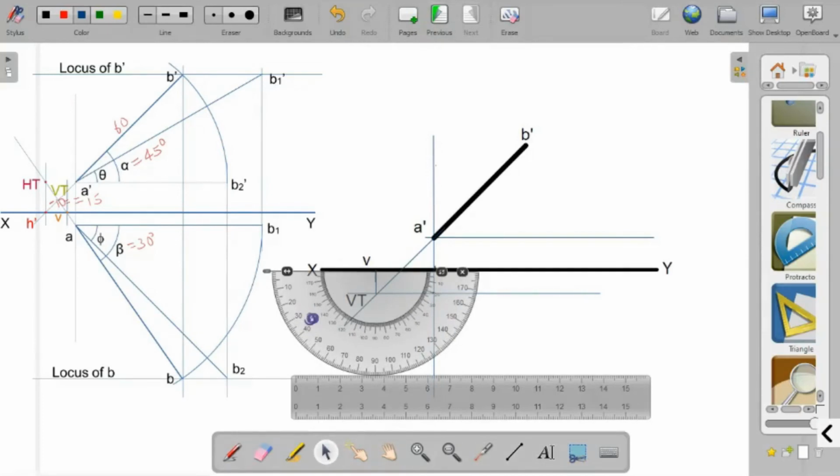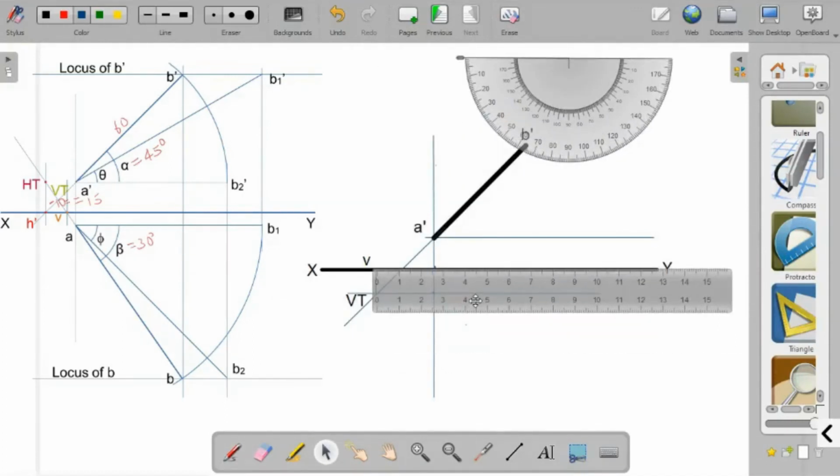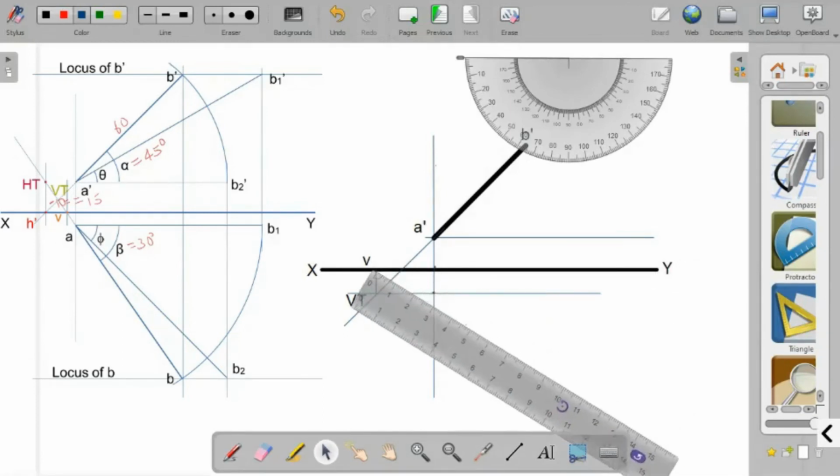We obtained the 30 degree, and now join this V with that 30 degree line. So this line we obtained.